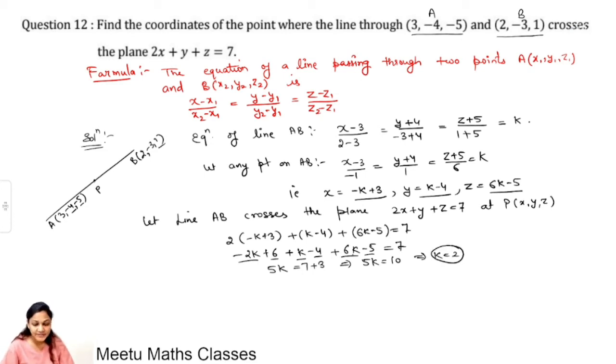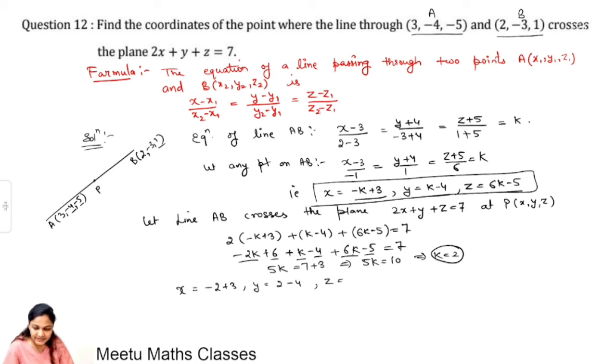Now substituting the value of k in this point, we will get x is equal to minus 2 plus 3, y is equal to 2 minus 4, and z is equal to 6 into 2 minus 5.